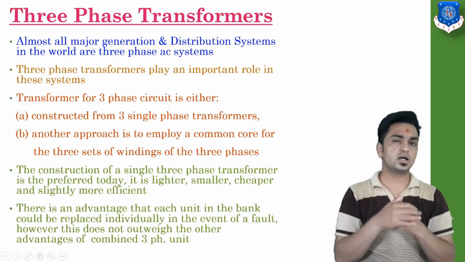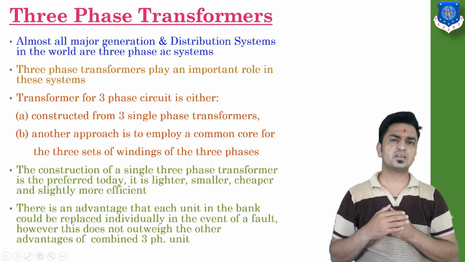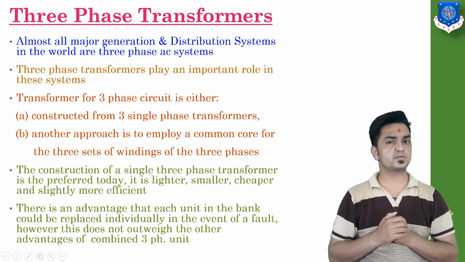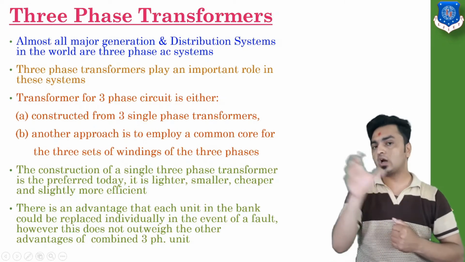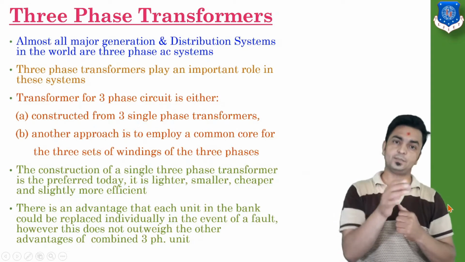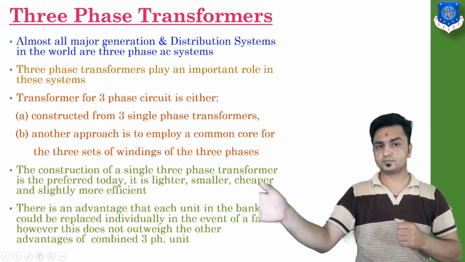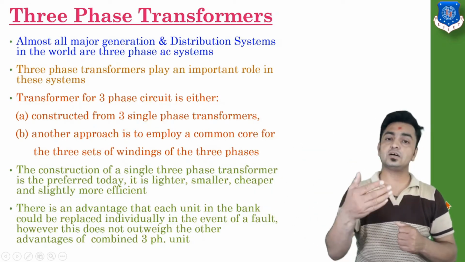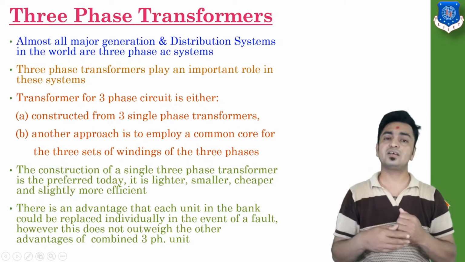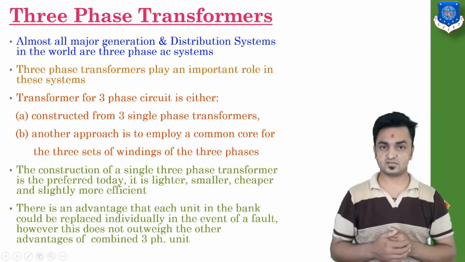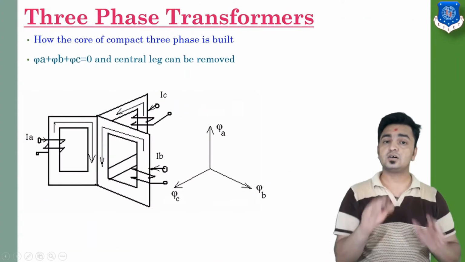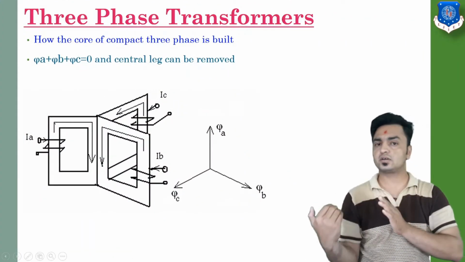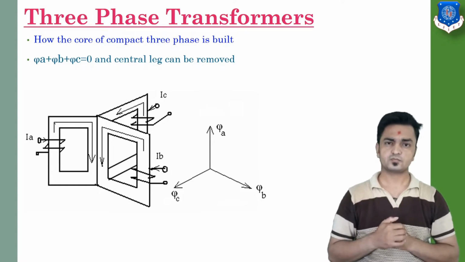If there is any fault or problem in one body, you can just replace that one portion, and you can easily do maintenance, repairing or replacement. So that is suitable in this case. This is how we can construct a three-phase transformer.